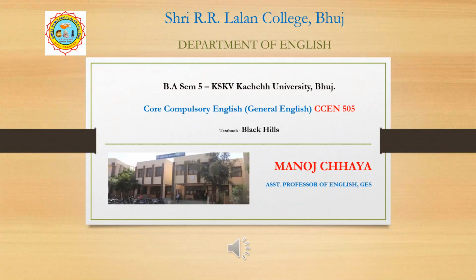The course code is CCEN 505, and the textbook that you are supposed to have is called Black Hills. The title of the book, which is your textbook, is Black Hills. It is published by Macmillan Education, and it is the prescribed textbook for semester 5 core compulsory or general English, BA or BSc, Sem 5.